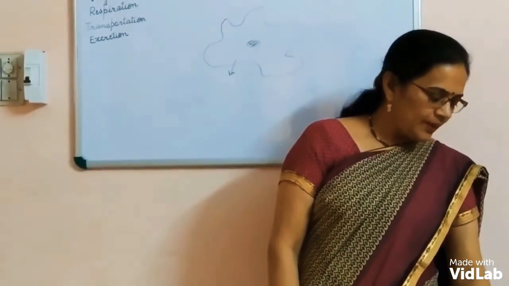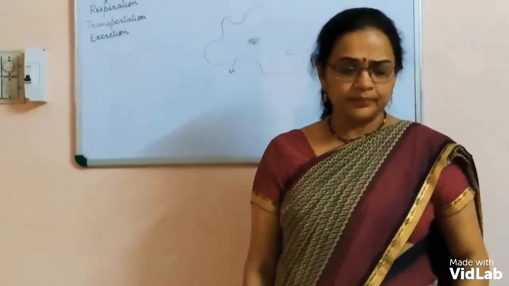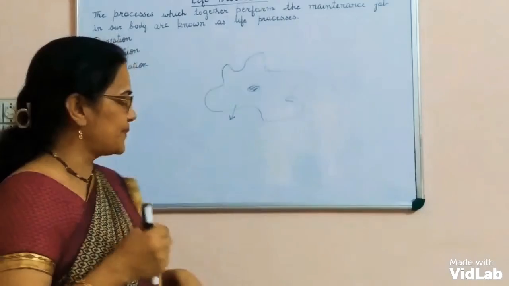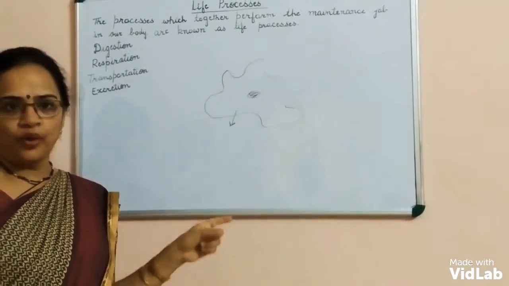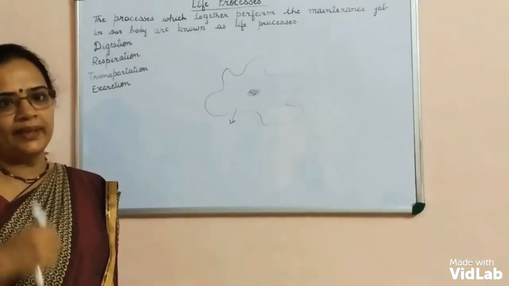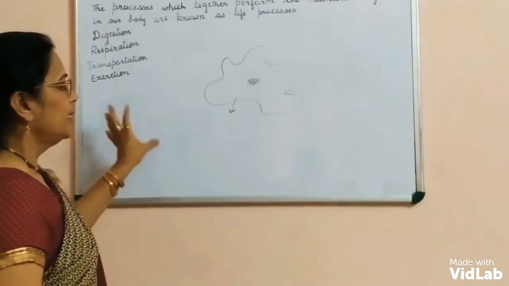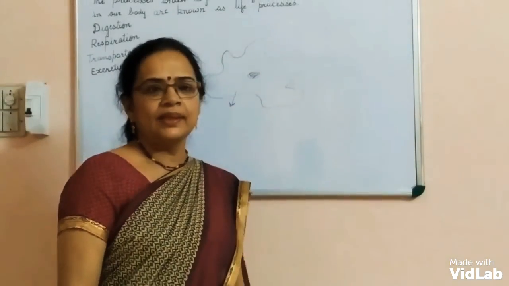Third question, what are outside raw materials used for by an organism? Here we will take two types: autotrophic nutrition and heterotrophic nutrition. In the case of autotrophs, the raw materials are carbon dioxide, water and sunlight. In the case of heterotrophs, the food, that is glucose, plus oxygen is the raw material.